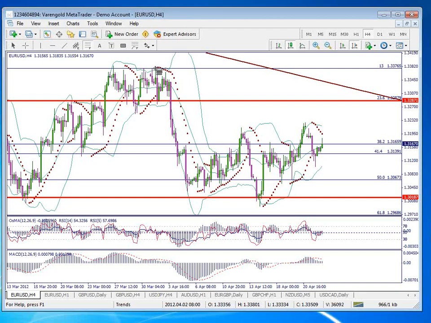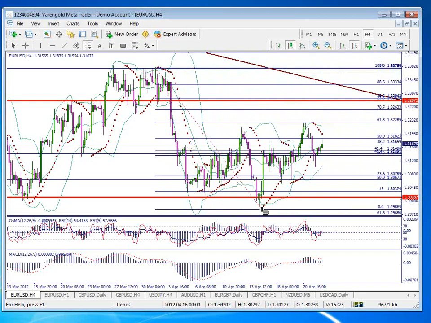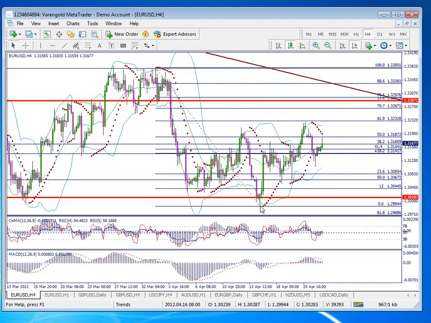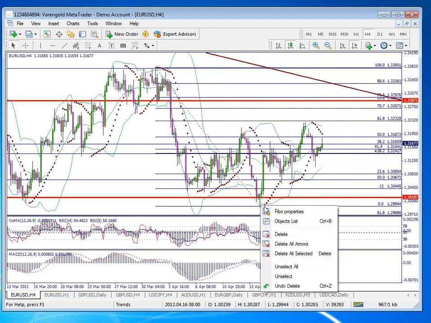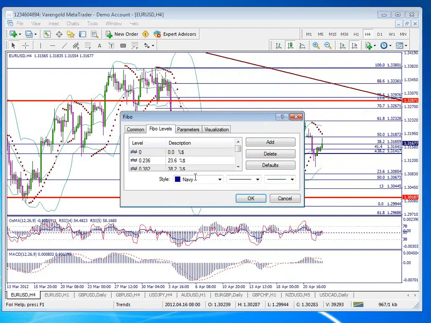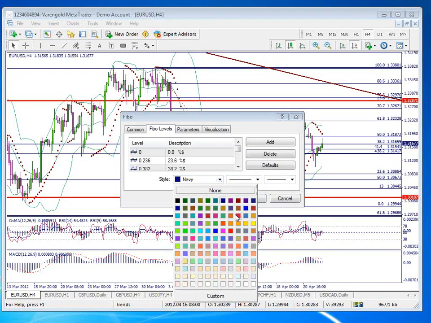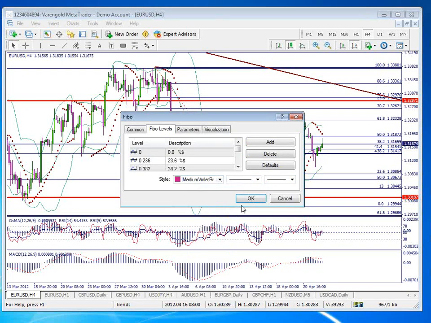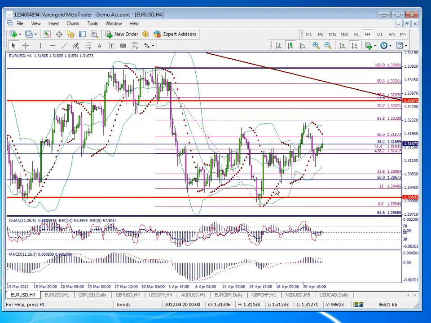We can put Fibonacci here too. I will make it one other color. And we can follow the moves of the pair related to this wave.